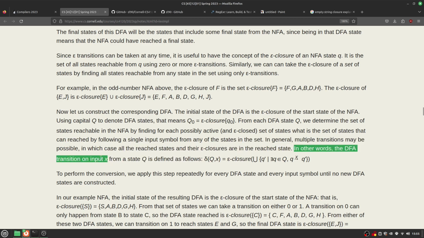In other words, the DFA transition on input X from a state Q is defined as follows: the empty string closure of the union of all the states Q' in the set Q that can be transitioned to through X.